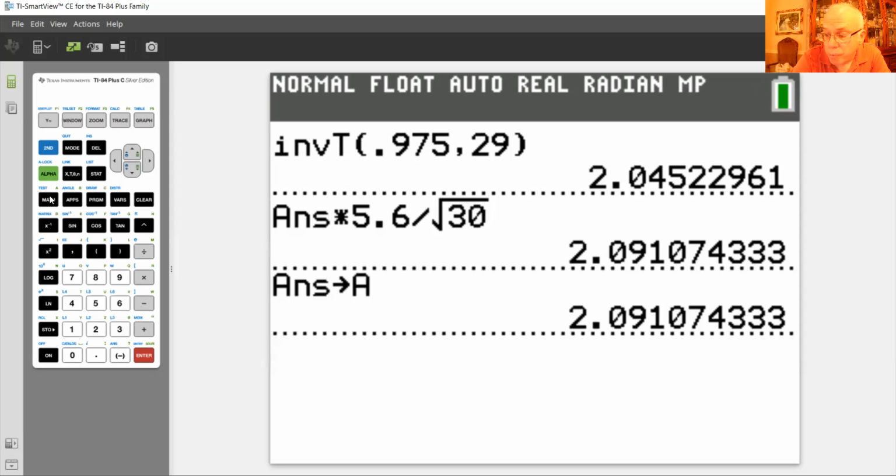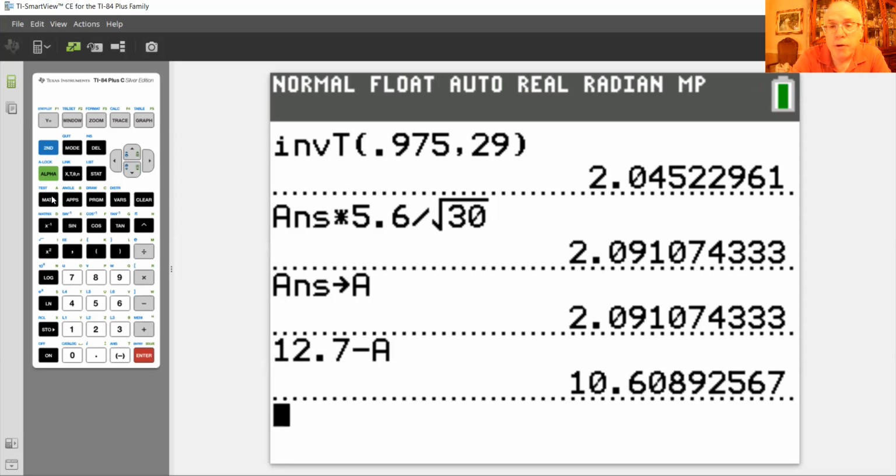So the sample mean, remember, is 12.7. The lower endpoint of the confidence interval is going to be 12.7 minus the margin of error. I put the margin of error in alpha A. Hit enter. There's the lower end of the 95% confidence interval.